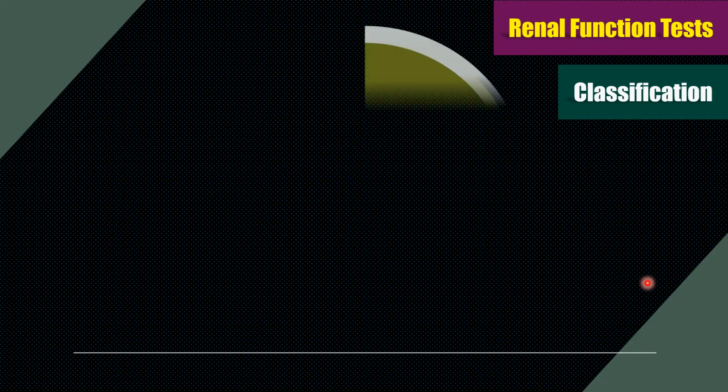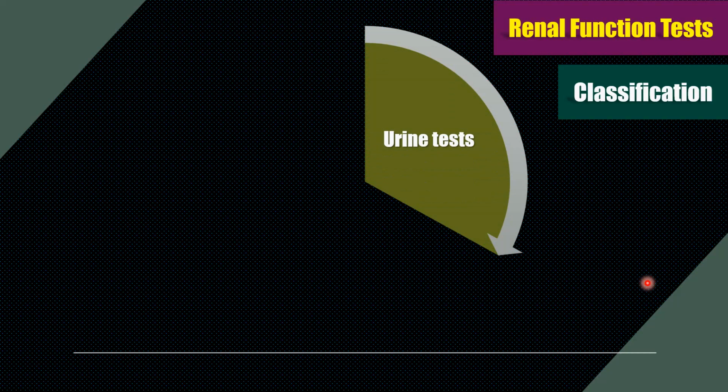Let's study the classifications of renal function tests. Usually renal function tests are a group of tests that may be performed together to assess functions of the kidney. Among these tests, we can group them in different categories. First, certain tests done in the urine. After collecting the urine, we can do some tests that come under urine analysis.